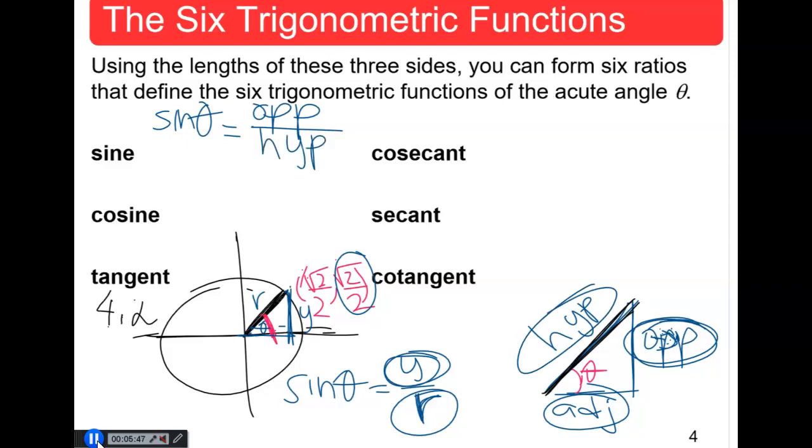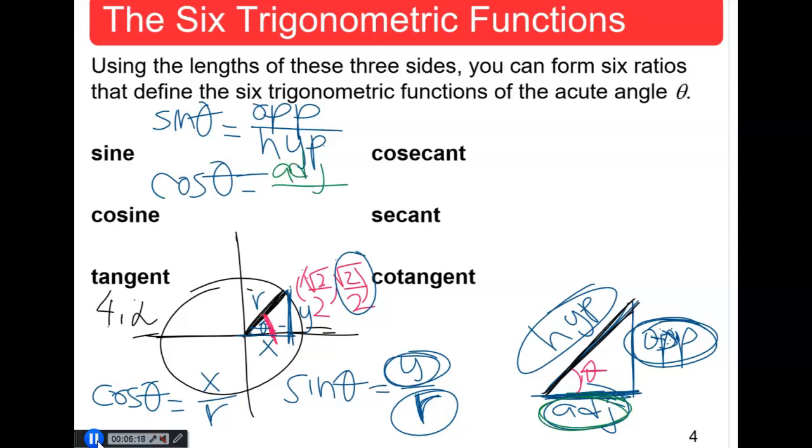Okay, for cosine, with respect to the unit circle, we defined the cosine as the x coordinate over 1 if it was a unit circle, or over r if it was a bigger circle. And so in this case, this is the x, which now on our triangle is actually the adjacent side. And so we will use the adjacent side divided by, instead of r, the hypotenuse.